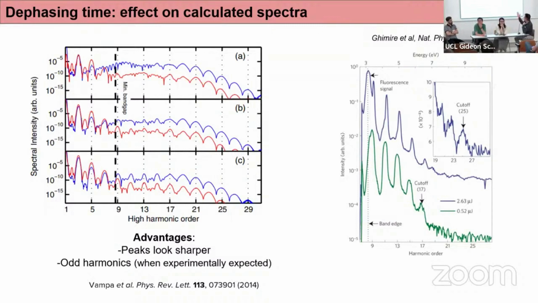In this experiment, we see a spectrum composed of bright odd harmonics, as you in principle expect, because of the laser polarization and because of the inversion symmetry of the solid along the polarization direction. But nevertheless, on the left, we see the first more complete description of this experiment, or at least the most paradigmatic theoretical modeling of this experiment.